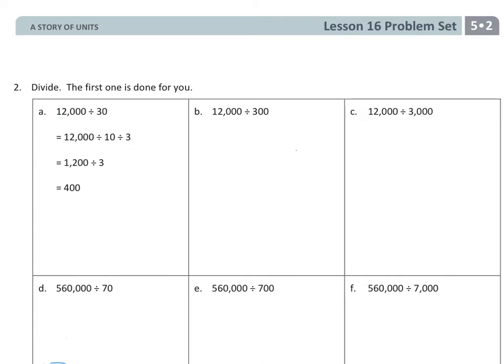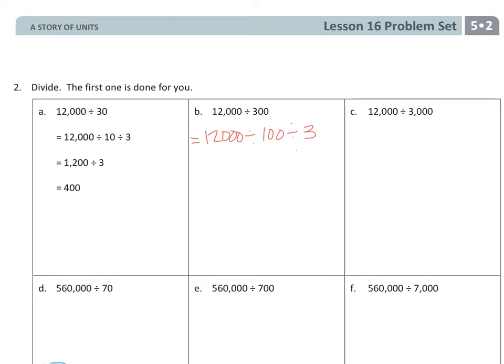So if you think about it, we're going to take 12,000 and keep it the same, and we're going to break up 300 into 2 factors. We're going to take the hundreds out of it, and say, let's first divide 12,000 by 100, and then once we get the answer, we'll divide it by 3.